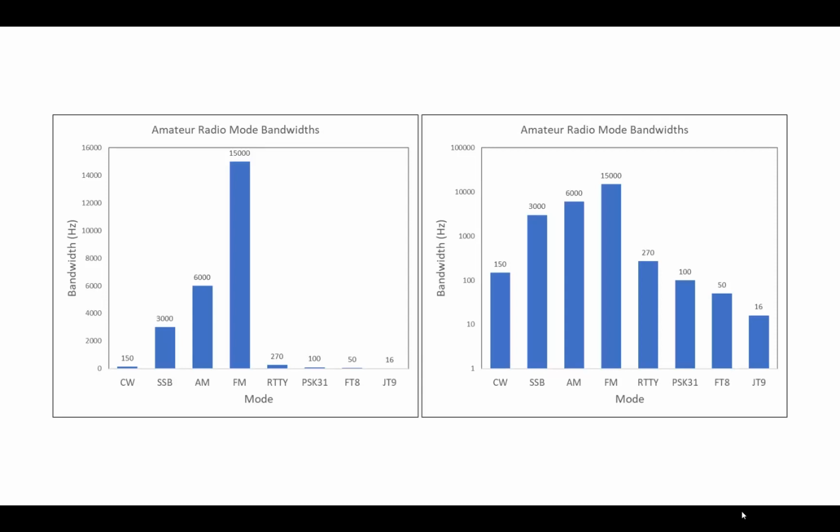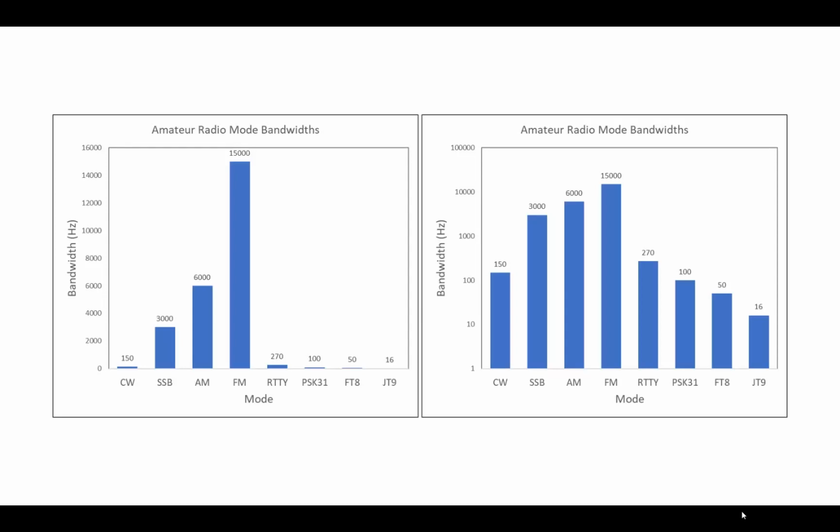That allows multiple stations to be in the same amount of space that any of the others would take. That's one of the reasons CW is so popular. You can put all of your output power into a much smaller bandwidth that allows your signal to penetrate through poorer conditions much more easily. Now some of the digital modes, for example radio teletype or RTTY, its bandwidth is about 270 hertz, PSK31 about 100 hertz.